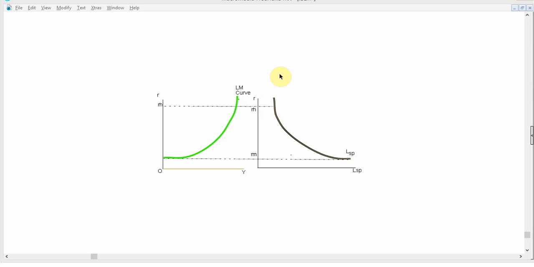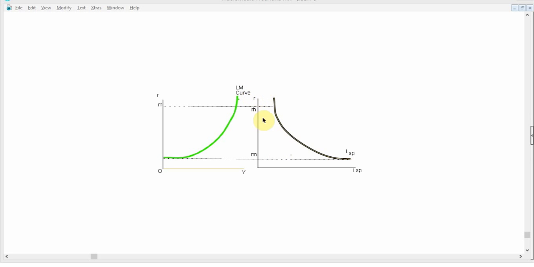At a very high interest rate, like the interest rate above RH, the speculative demand for money can be vertical, implying that demand for speculative balances becomes totally unresponsive to any increase in interest rate. For example, if the interest rate increases from here to here, the speculative demand for money remains the same.